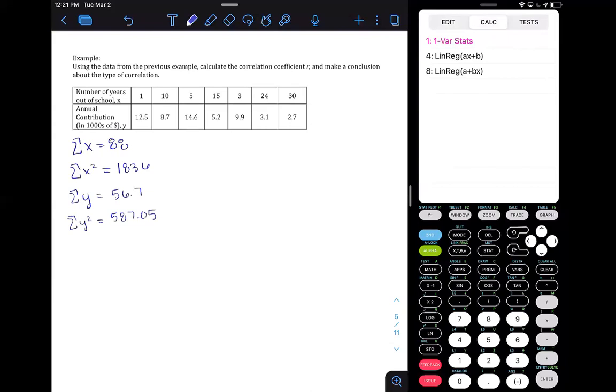If you keep scrolling down, it will also give you your summation of x times y. So these can all be found from your graphing calculator: Calc, 2.